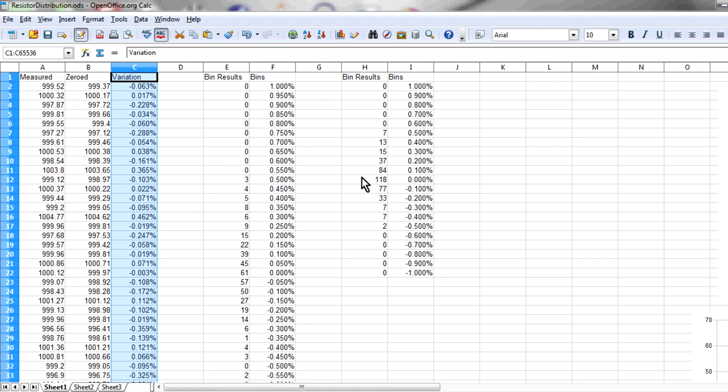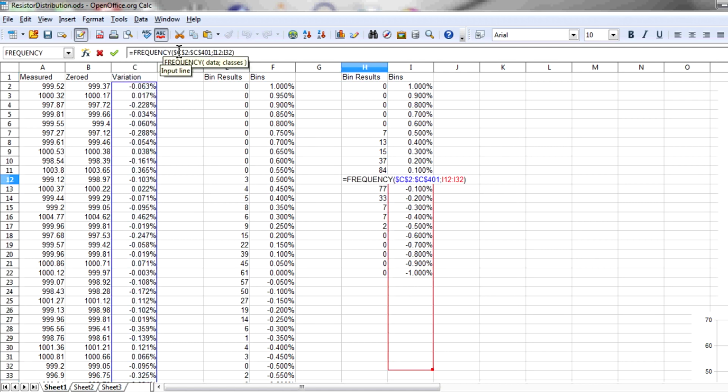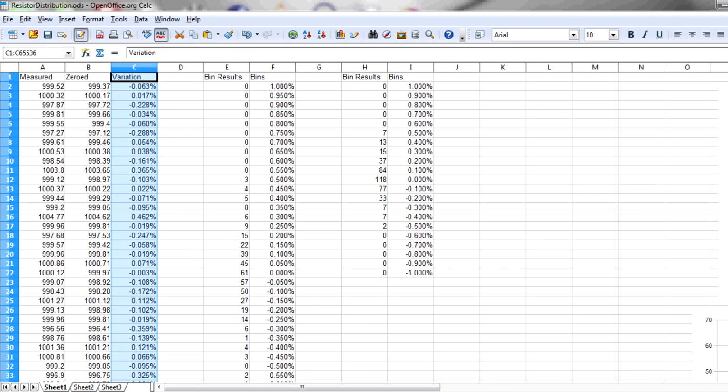So we're going to use the frequency command, which is available in Excel or OpenOffice, which is what we're using here. It takes all of this input data in column C here, and it analyzes all this data and counts how many items actually fall within each one of these bins over here.